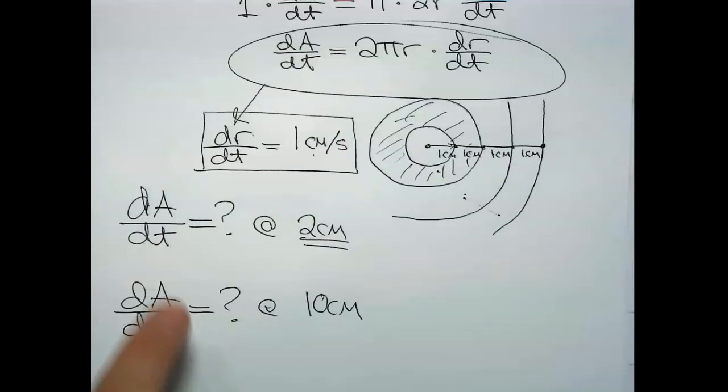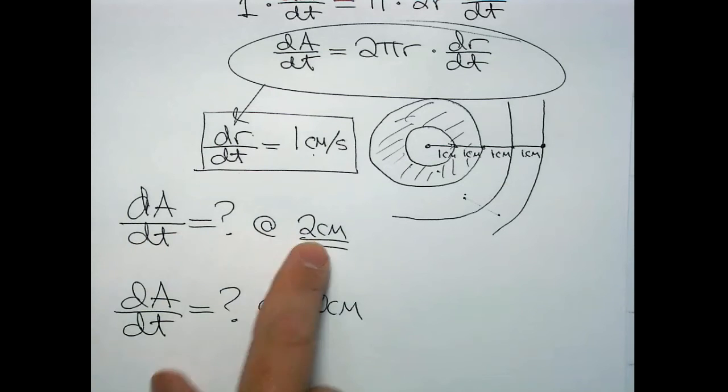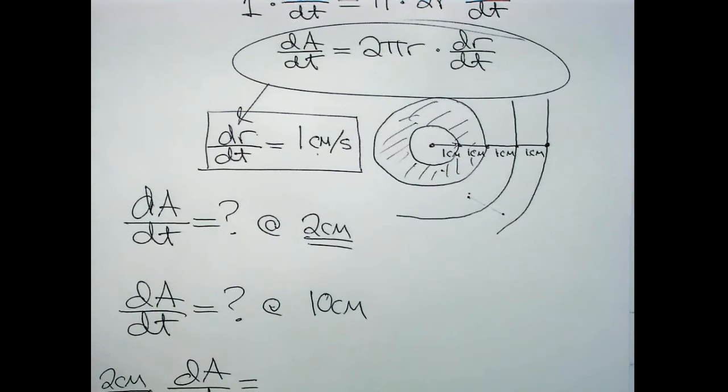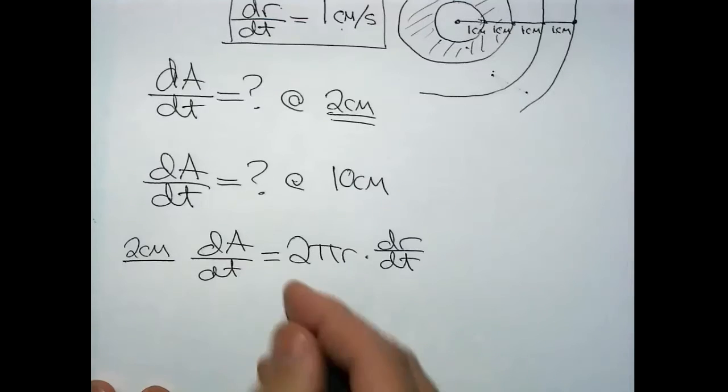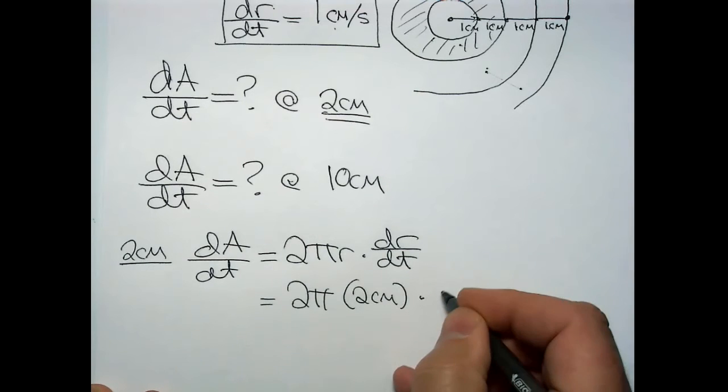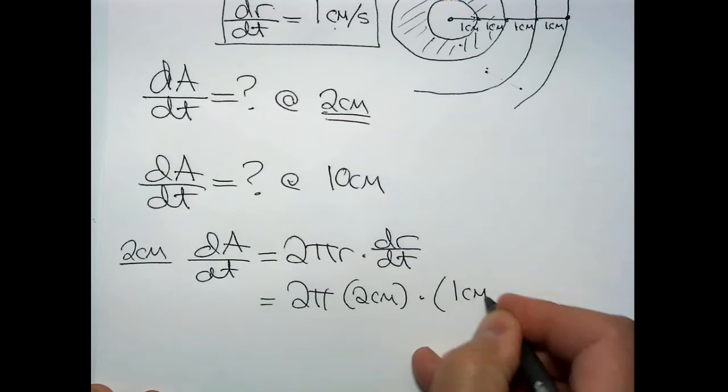We're getting more area per second. So I think that dA/dt should be smaller here and larger here. Let's find out. So dA/dt equals, for 2 centimeters, 2 pi r dr/dt. That would be 2 pi times 2 centimeters, and dr/dt is fixed at 1 centimeter per second.